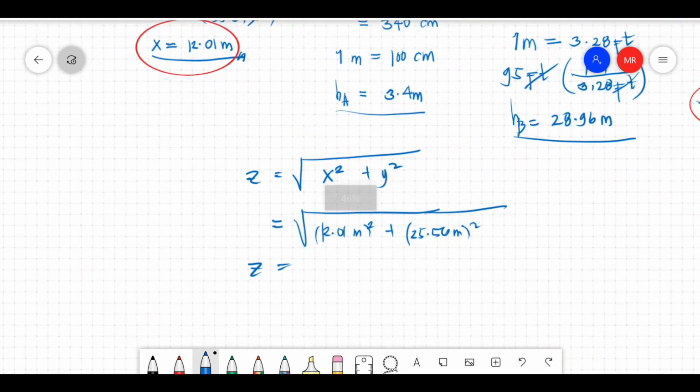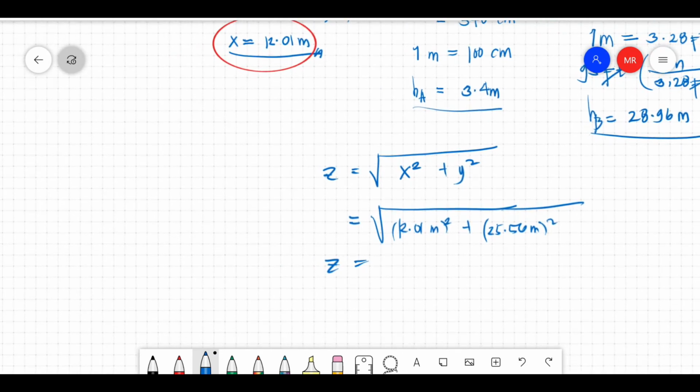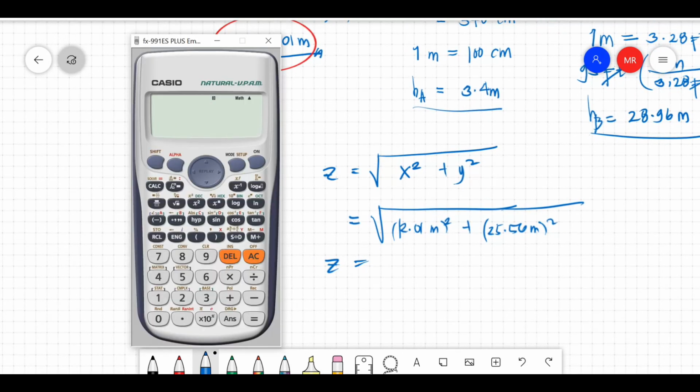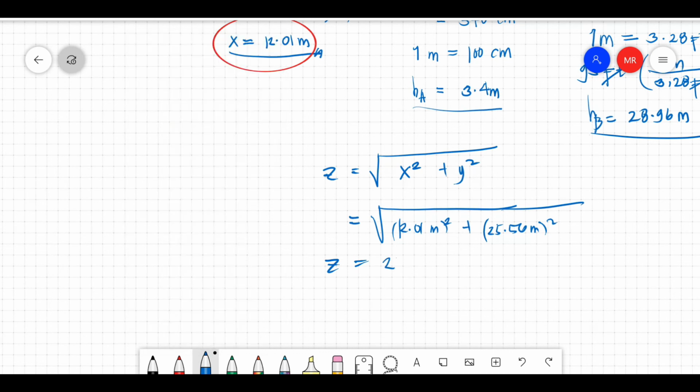Solving for Z, the answer is 28.24 meters.